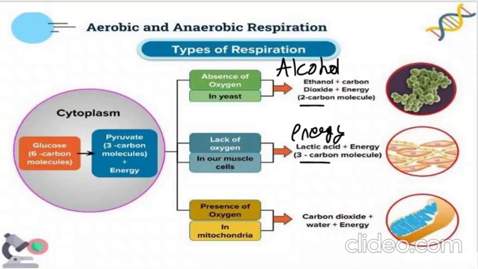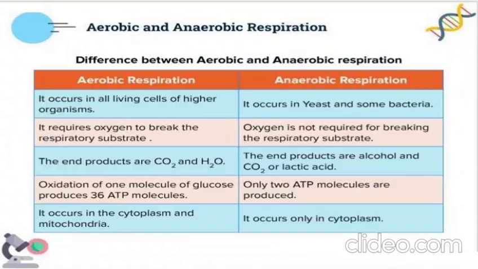Now, when oxygen is sufficiently present, in the mitochondria, carbon dioxide plus water plus energy is produced, which does the respiration. So we can see here that a single pyruvate can do so many functions. So now, what is the difference between aerobic and anaerobic respiration?